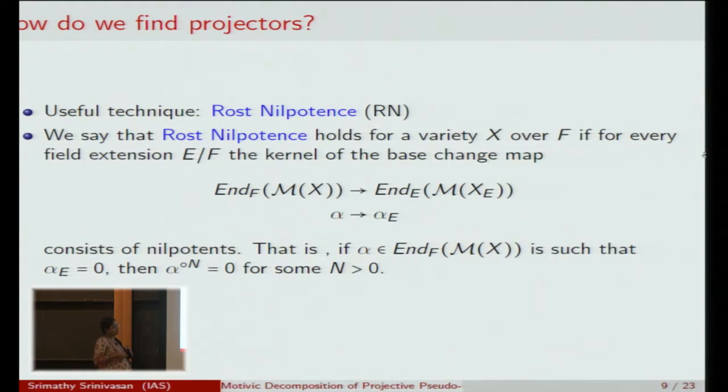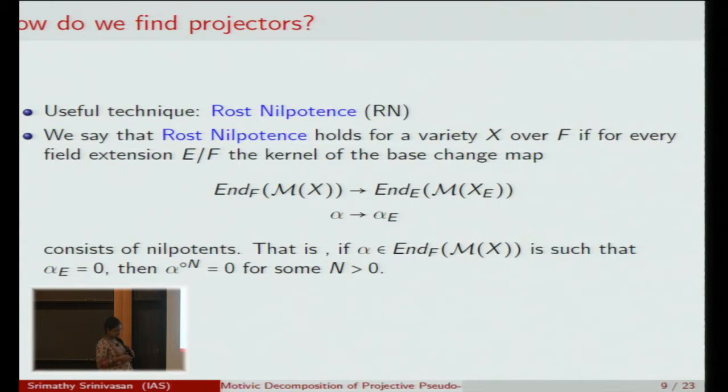So we say that Rost nilpotence holds for a variety X over a field F if for every field extension E over F, the kernel of this base change map, so the endomorphisms of the motive of X over F, so this is just like Chow of X cross X, and this is the same thing base changed to E, E is a bigger field. So the map is like take any cycle here and then you base change it to E. So if the kernel of this map consists only of nilpotents, then we say that Rost nilpotence holds for X.